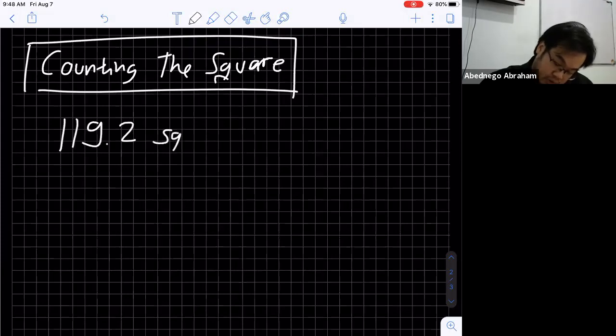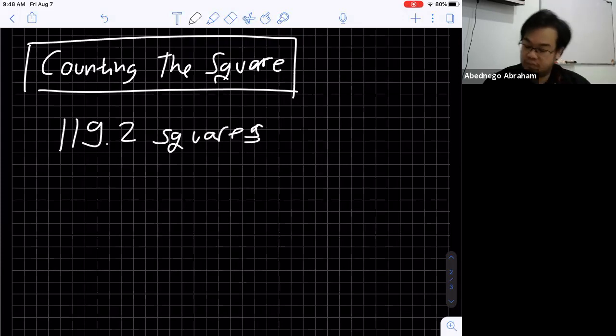After you count the squares, you need to find what is the area of one square. How? By seeing the units on the x-axis and y-axis.